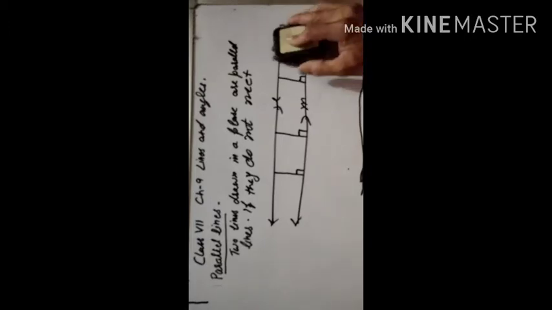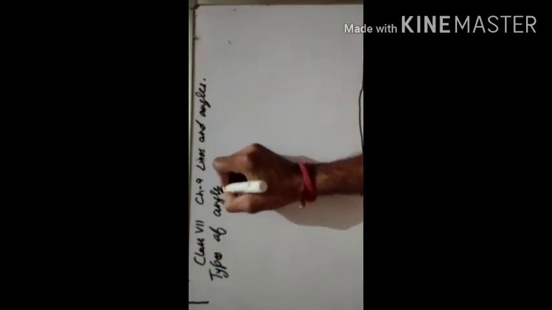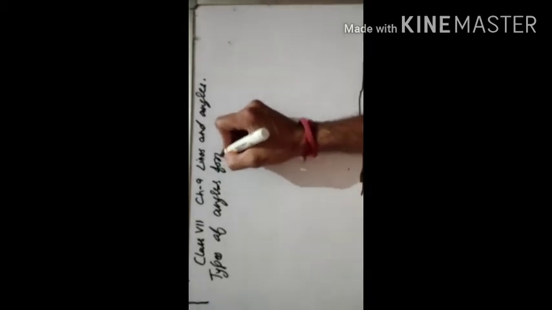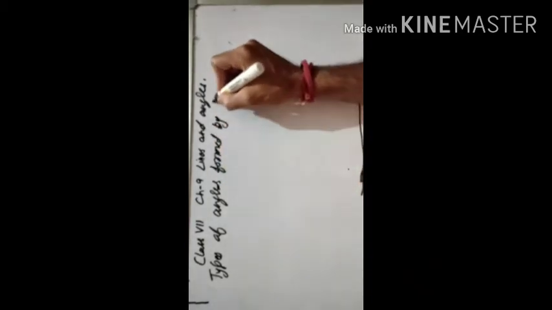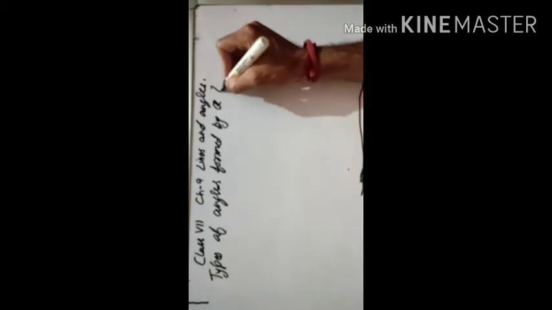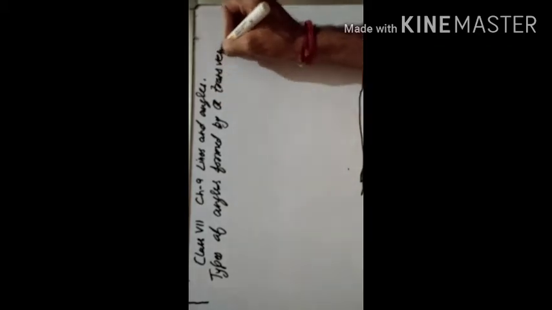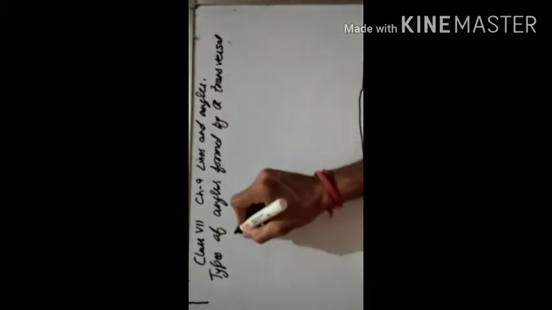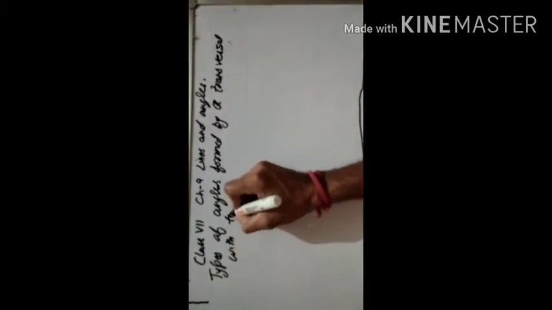Now next is types of angles formed by a transversal with two lines.